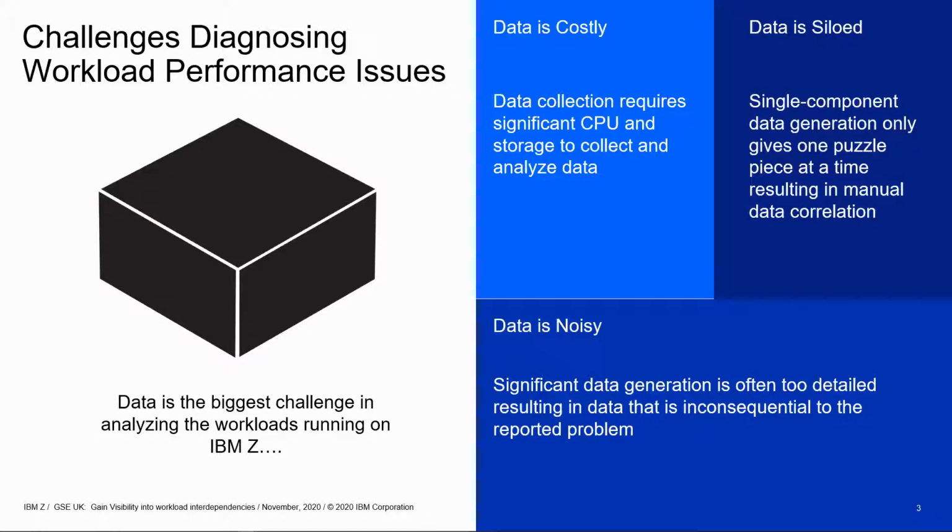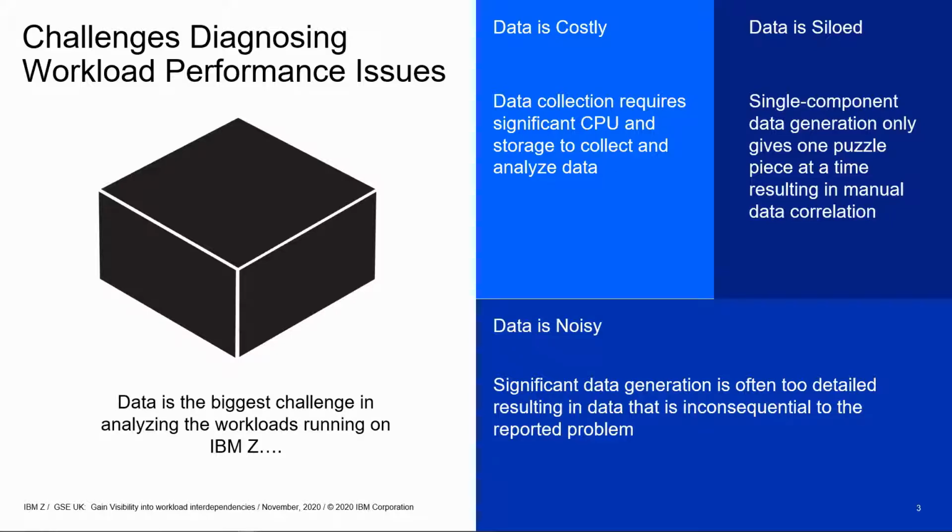If you think about generating SMF data or IMS log data, a lot of that requires significant CPU and storage to collect and analyze. CICS is generating in a lot of cases thousands of records per second. And with that amount of data, it's very noisy to try to find that needle in a haystack to get down to the root cause of a lot of our performance issues.